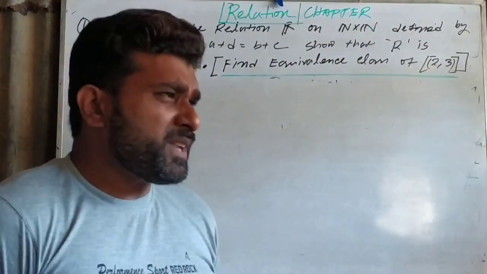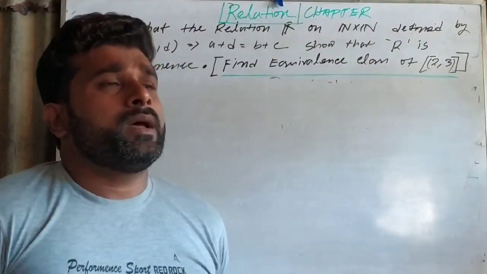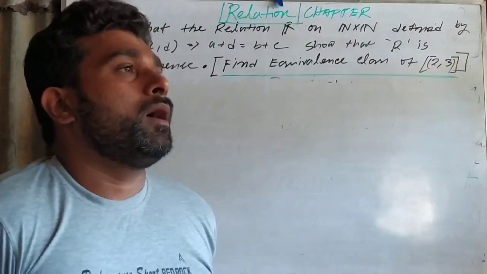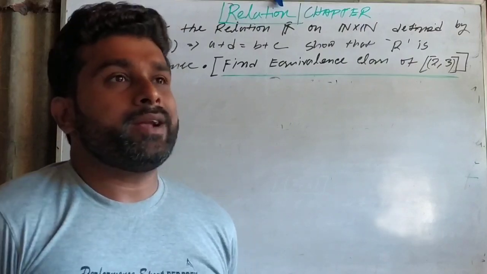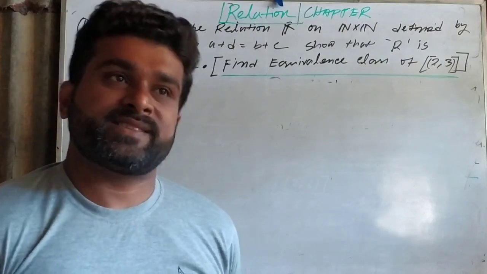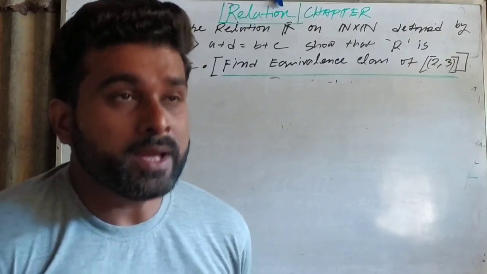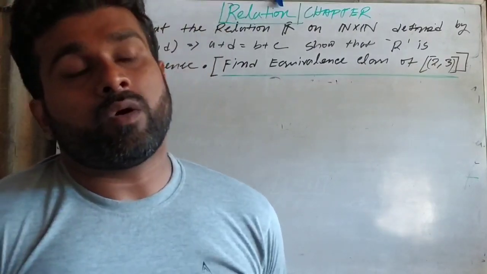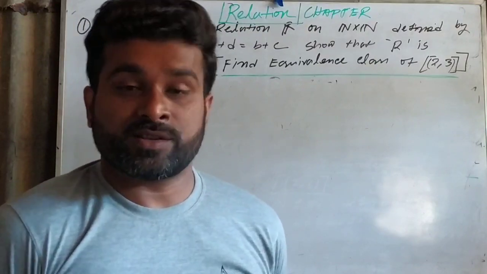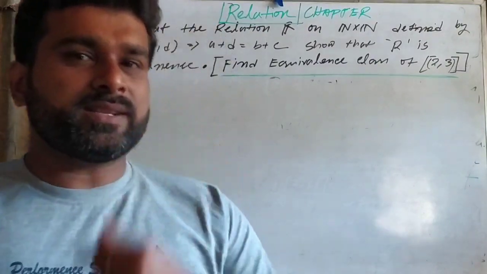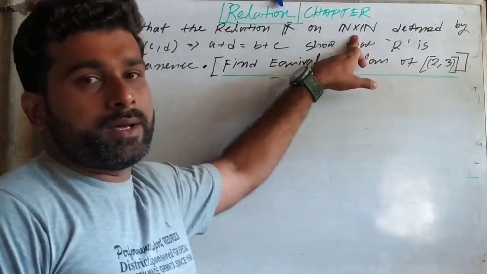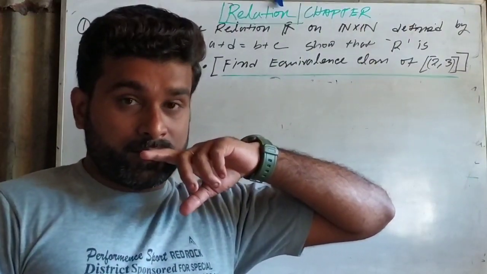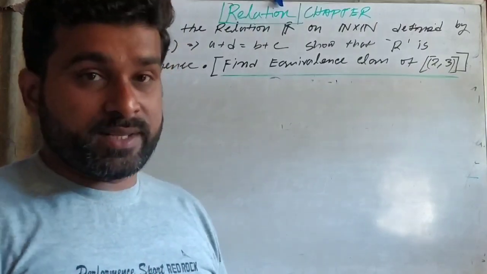Before solving this type of question, up to our last video, we used to solve questions where the set was given in the singular form: a relation on A set, on R set, on N set, a single set. But here N cross N, the product set, that means the product of two sets, is given.